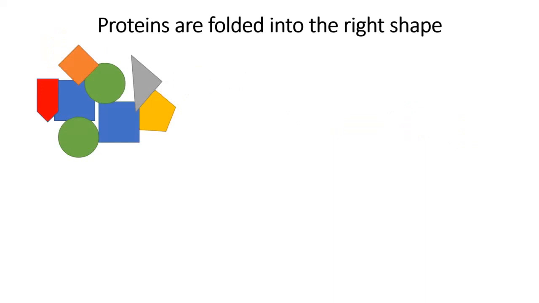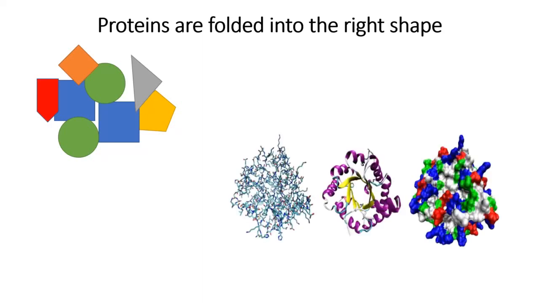So proteins are folded into a very specific shape once they leave the ribosome, and at that point they are able to perform their functions in catalyzing chemical reactions or whatever they're required to do. Here we see 3 images of proteins showing different ways that they're depicted, but they all show that these have shapes that are not long and linear, but various kinds of shapes.